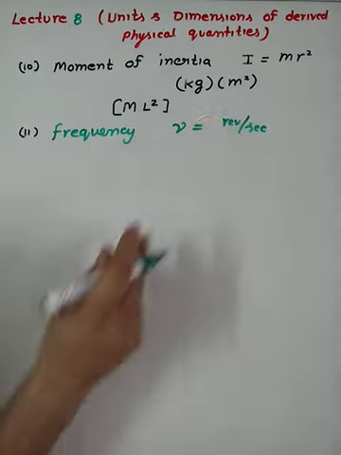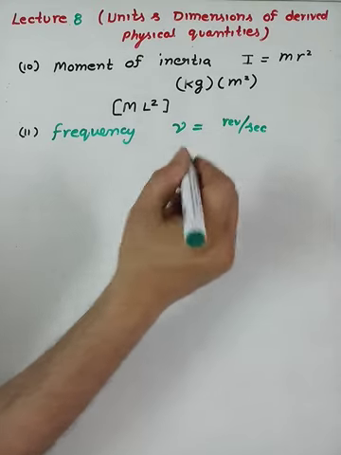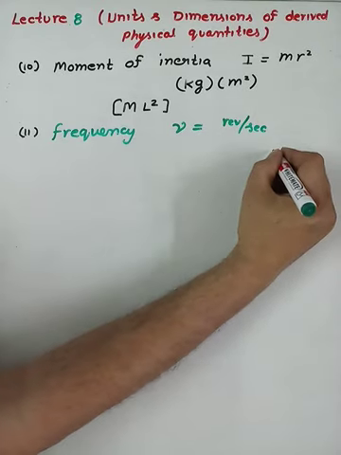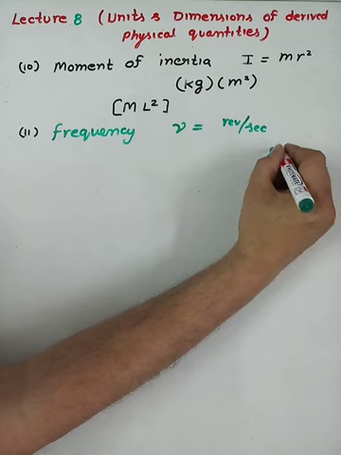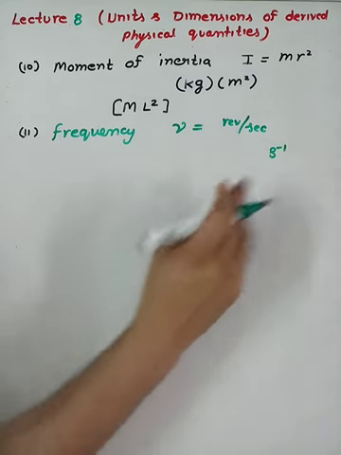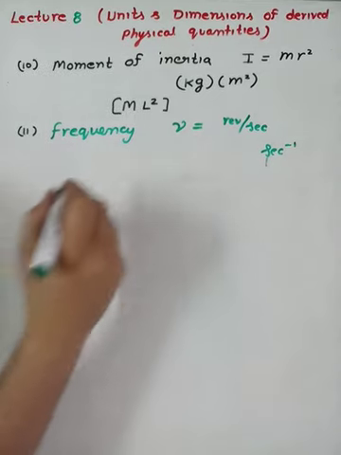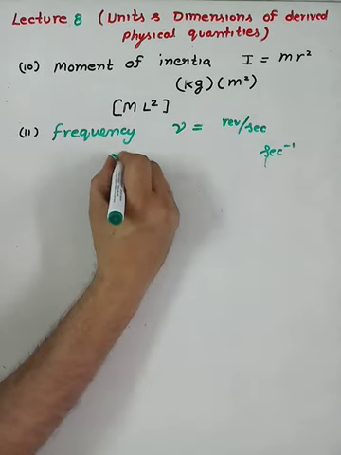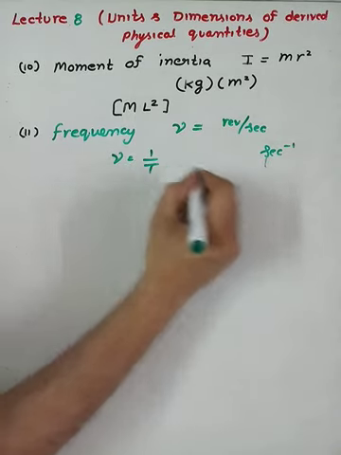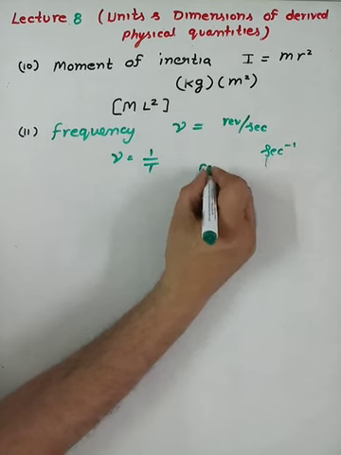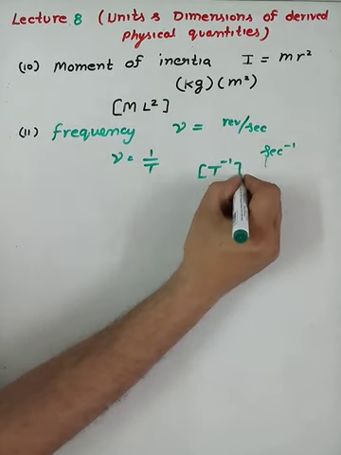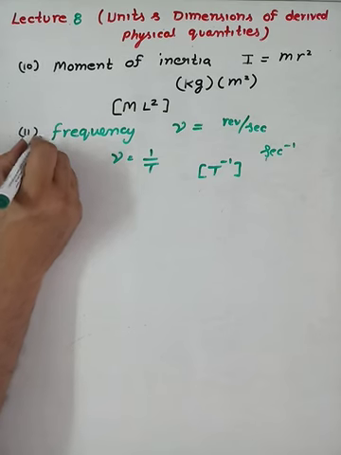A revolution or cycle does not have any units or dimension, therefore its unit is per second, that is s⁻¹, or you can write simply second minus 1. Since frequency is 1 by T, its dimension is T⁻¹. This is A part.